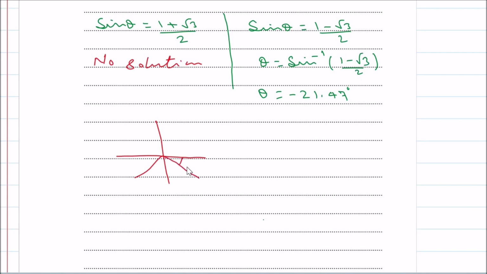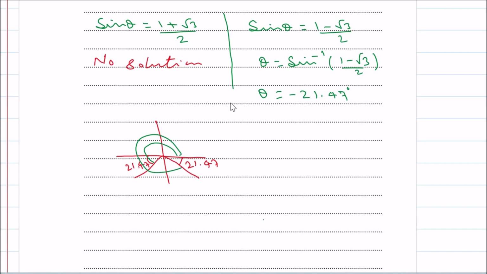This angle we got 21.47, so this also will be 21.47. Okay. Now we need to find this angle, the right side, positive angle. So one is this, other is this.